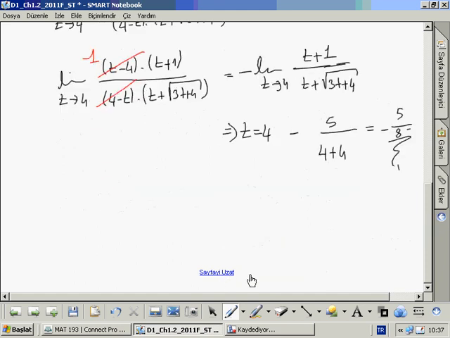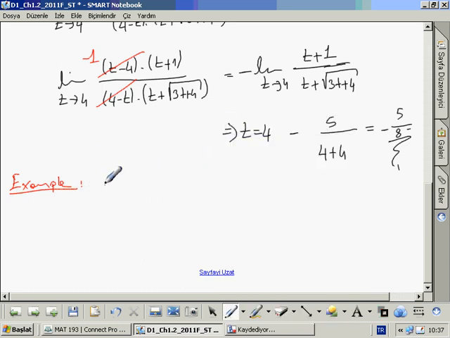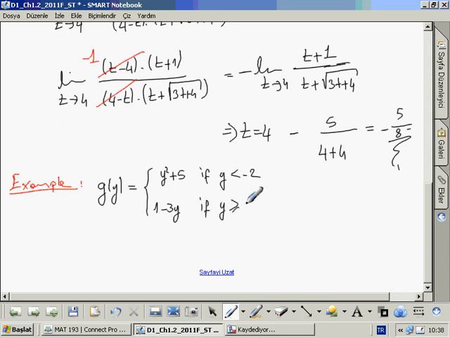Let me give you the last example. g of y equals y squared plus 5 if y is less than minus 2, and 1 minus 3y if y is larger than or equal to minus 2.